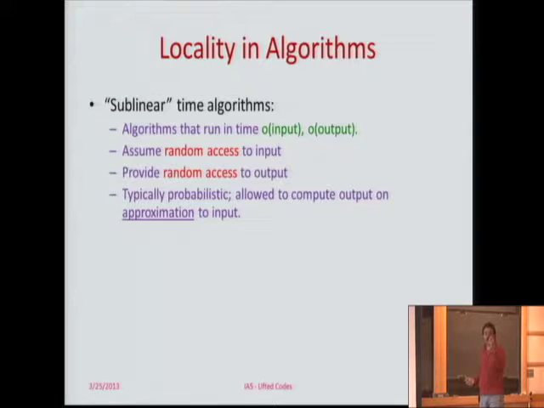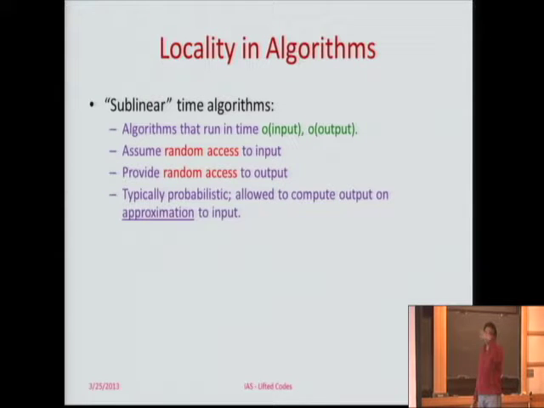So you give me a coordinate i, and I should be able to figure out what is the ith bit of the input. And similarly, you would provide only random access to the output. So rather than me implicitly giving you a long sequence, you say, look, I want the ith location, and I'll be able to compute it efficiently for you. So these are the general paradigms in sublinear time algorithms.